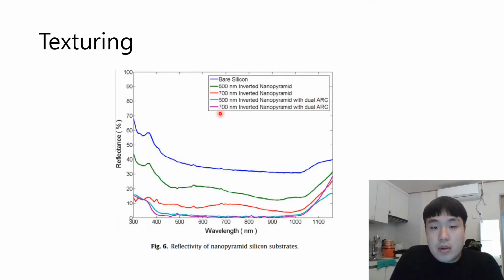The 700 nanometer inverted nano pyramid with dual ARC has approximately zero reflectance, which means that when light shoots at the silicon surface, all of the light stays in the silicon semiconductor, and we can call that black silicon.